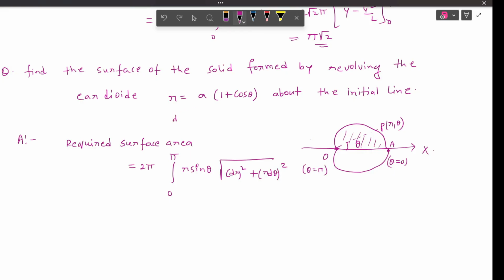So from this, let us first differentiate. dr by d theta would be 0 minus a sine theta. So minus a sine theta.